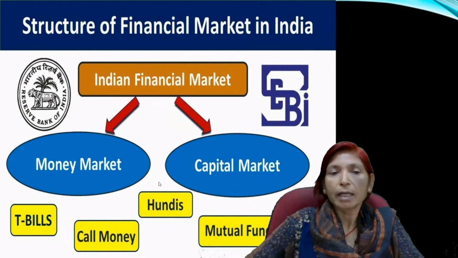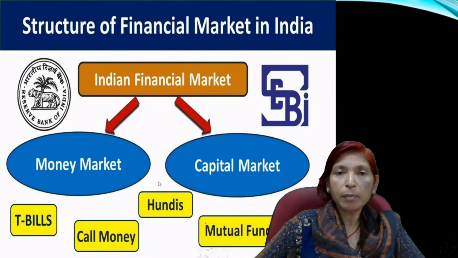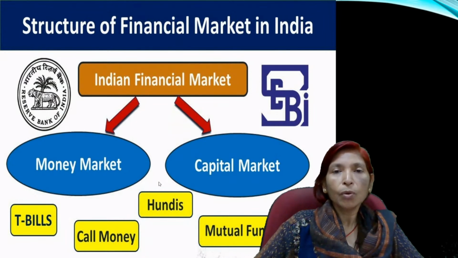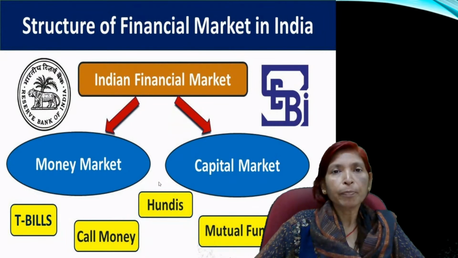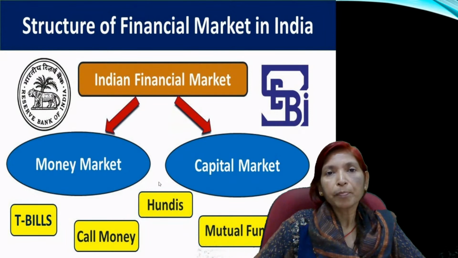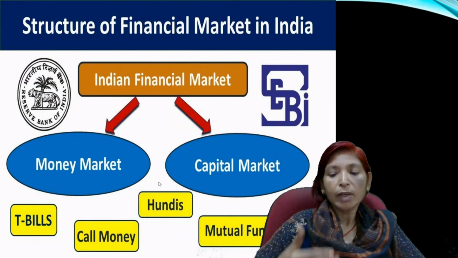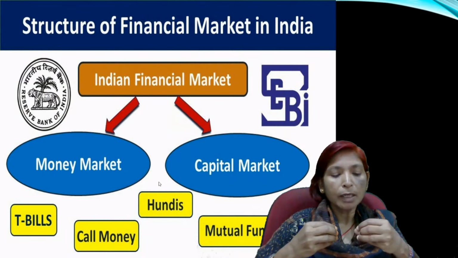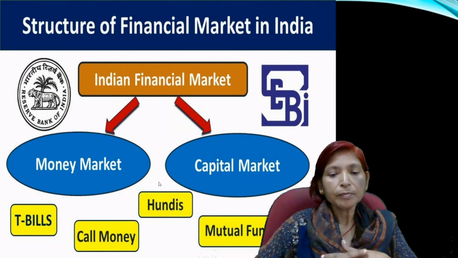the money market. So in the money market there are treasury bills, known as T-bills, call money, and hundis. Hundis are also a paper document, written by the person who is giving a promise to pay an amount in future.